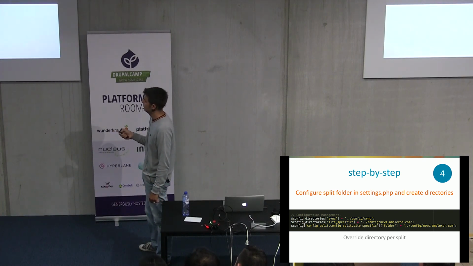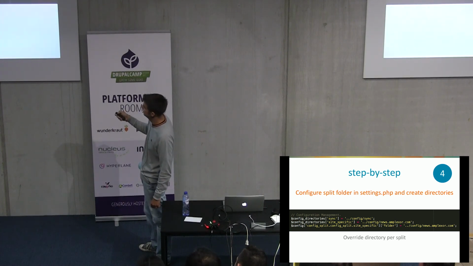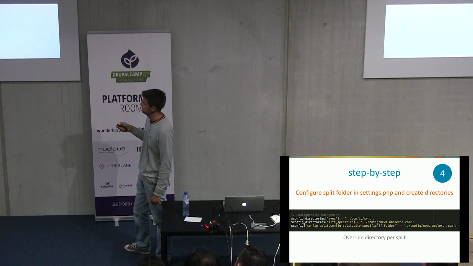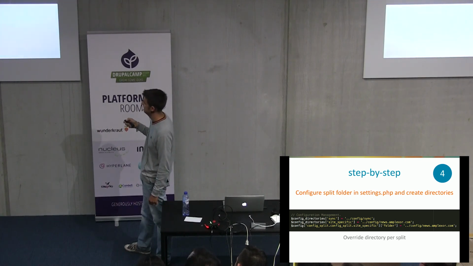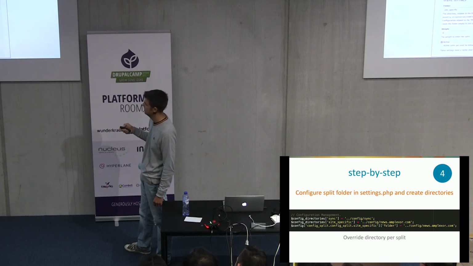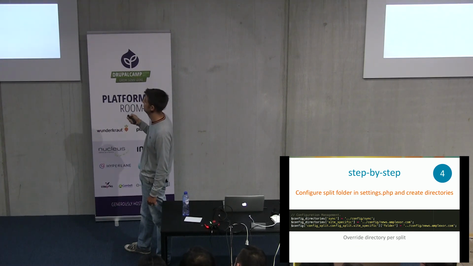That's this one. Next, for the site-specific split, this is in the settings file for the news website. For the site-specific split, we set it to /config/news.blexpert.com. And we also configure this setting here, which explicitly overrides the folder which is set here. This won't be used actually, you just use this folder also.